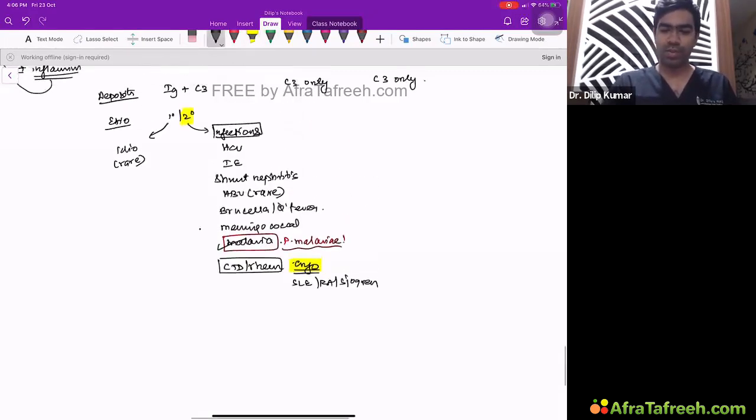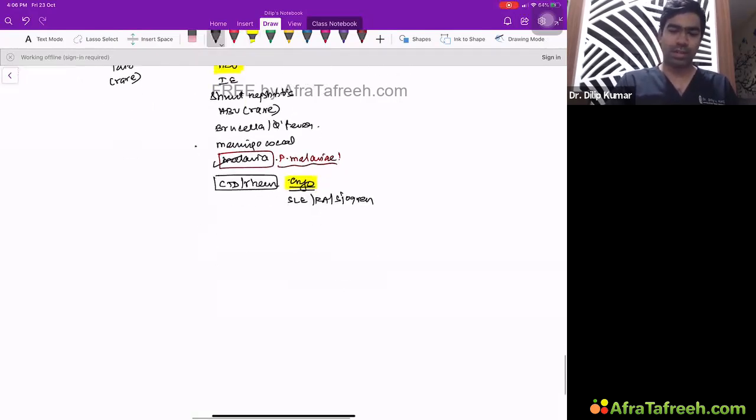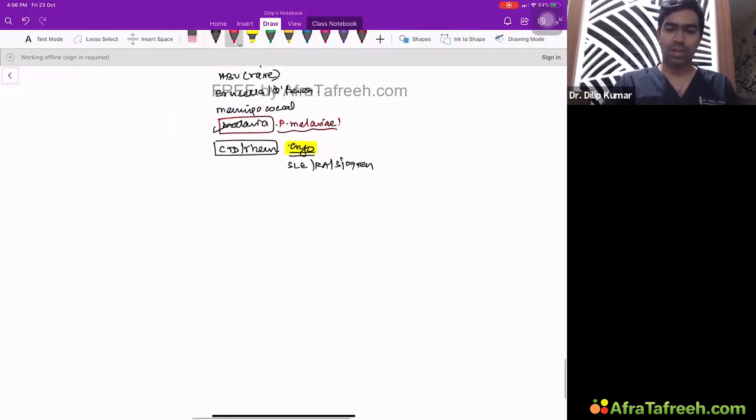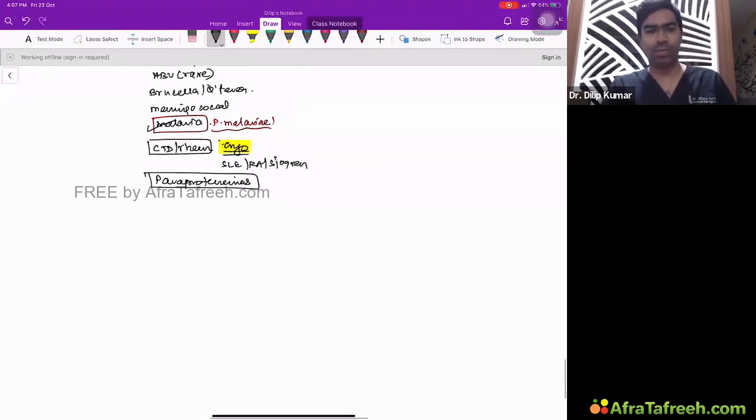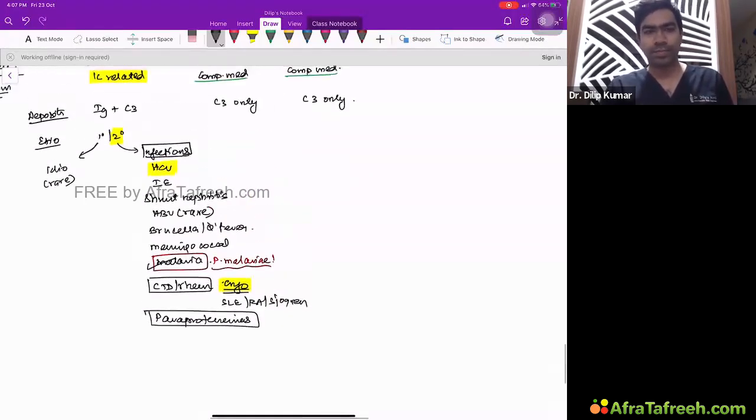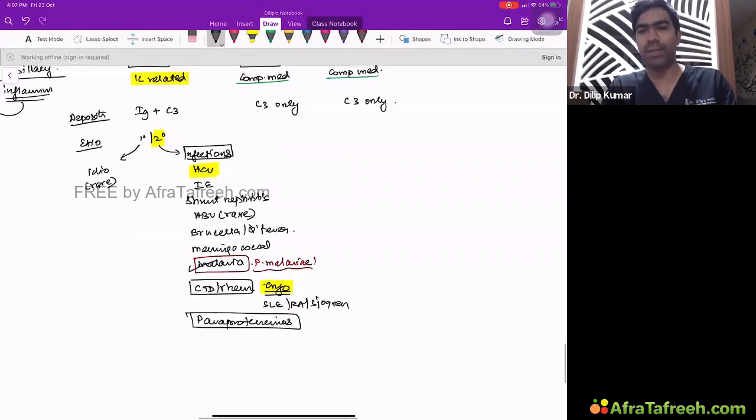MPGN type 1 means only two things: cryo and HCV. As I already told you multiple times, these are the only two things you need to know for exams. Then it can be seen in various paraproteinemias also, like multiple myeloma, MGUS, Waldenstrom's macroglobulinemia.